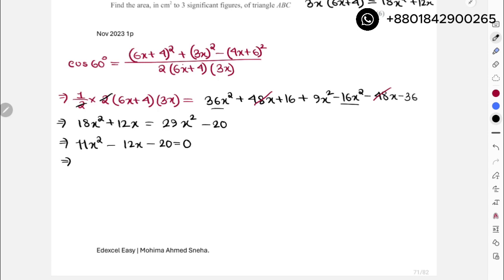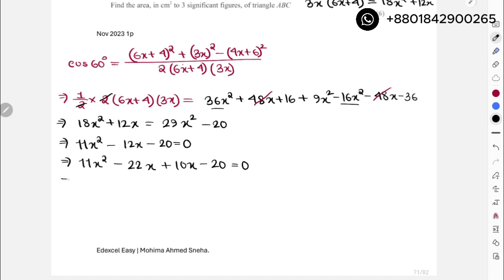Now if I want to factorise this, I can use the equation 11x square plus 22x minus 22 minus 10, yes, minus 10x minus 20 equals 0.